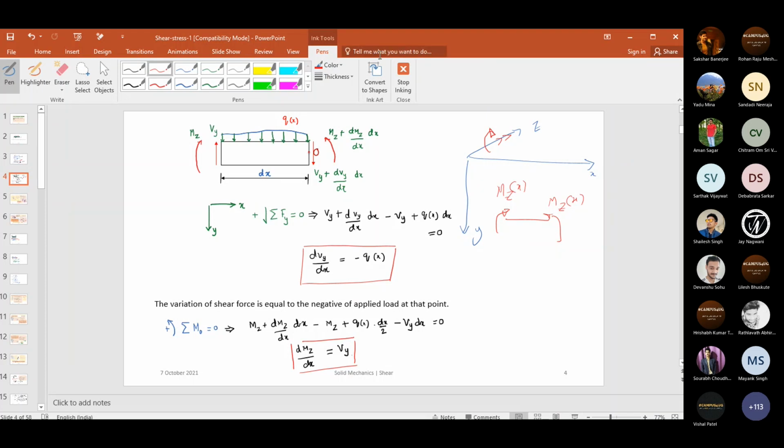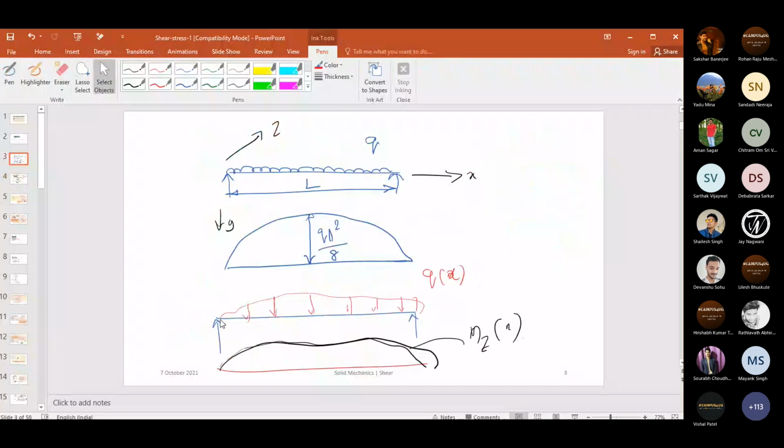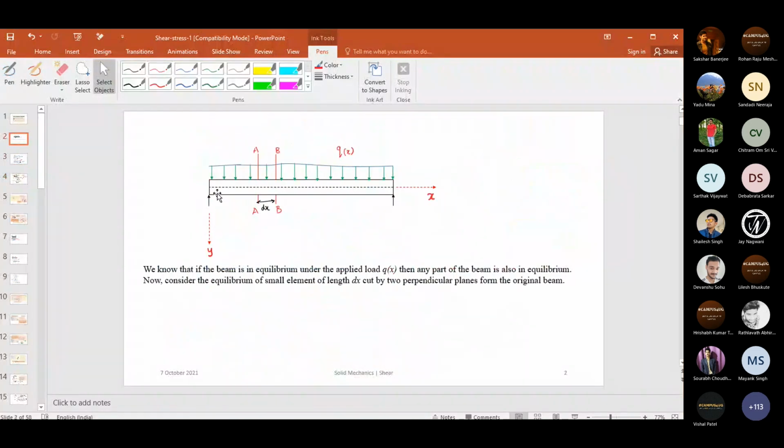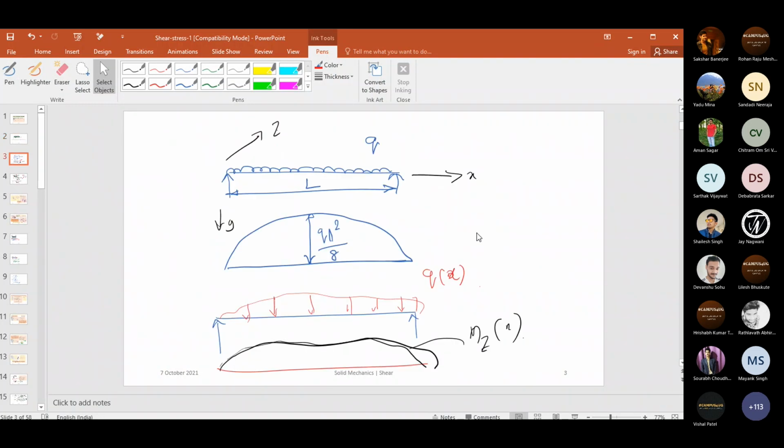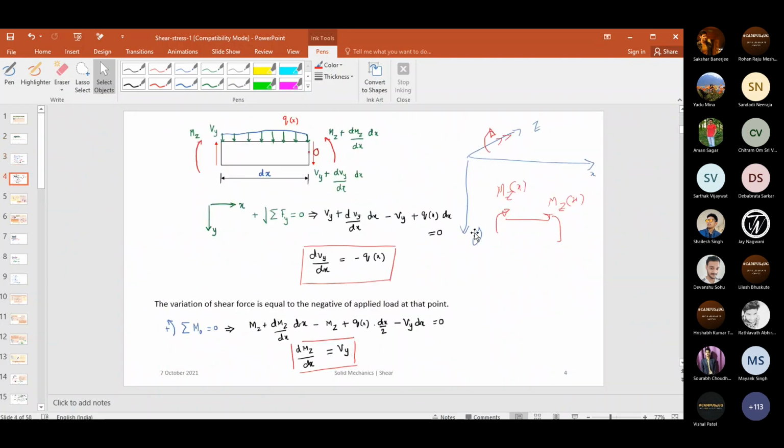Now we consider a small element, because the whole beam is in equilibrium, you will have vertical forces. Let's say this side is RA and this side is RB. RA plus RB is equal to q(x) into L. But if I know how q(x) varies, then I can find out what RA and RB are.